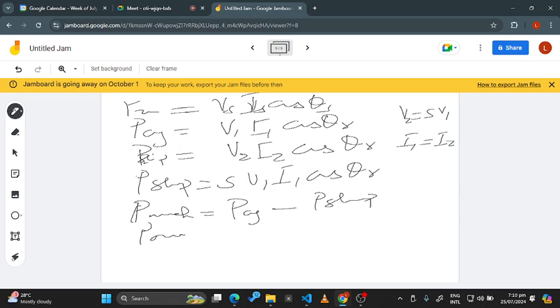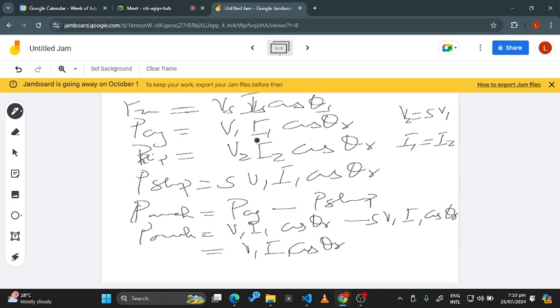Then the mechanical power should be equal to P_AG, which is V1 I1 cos theta R, minus the P slip, which is S V1 I1 cos theta R. So if we factorize, we get V1 I1 cos theta R times 1 minus S. But whatever we have here is the P_AG, the air gap power.